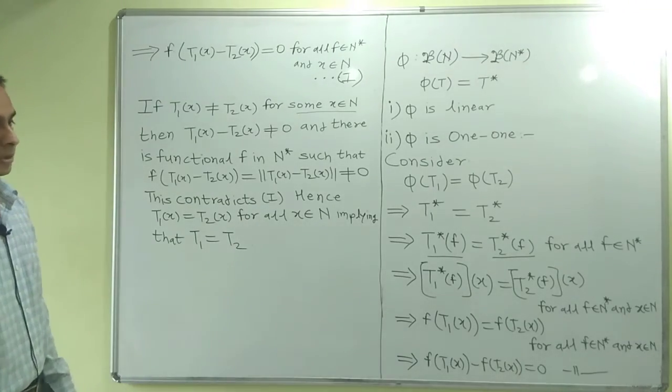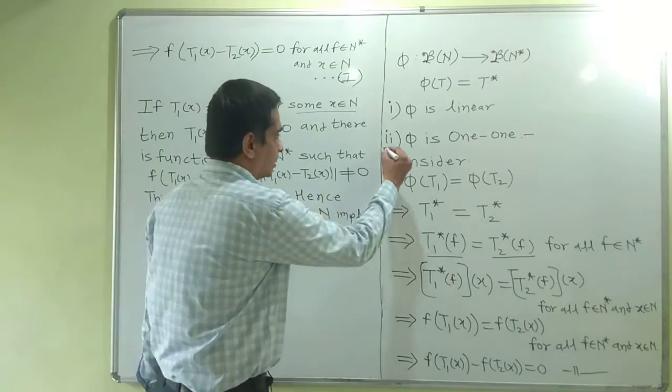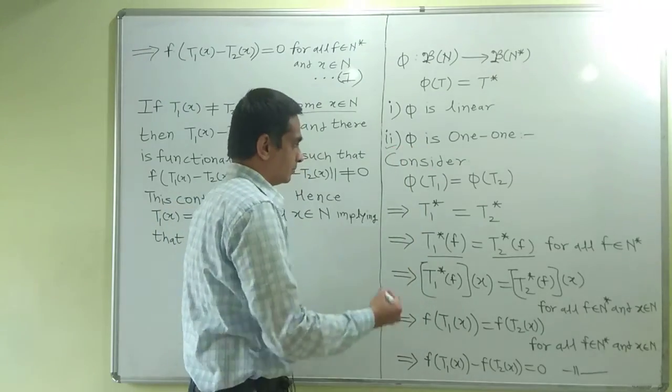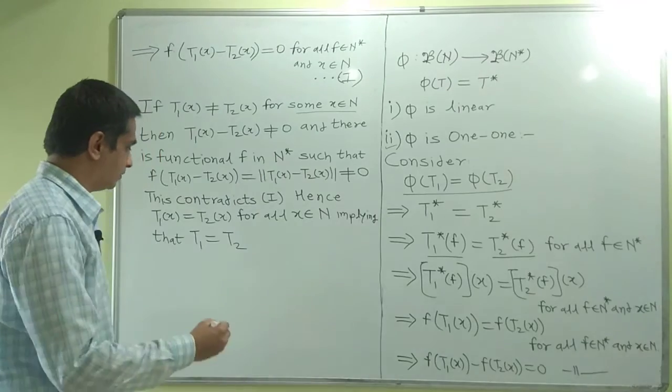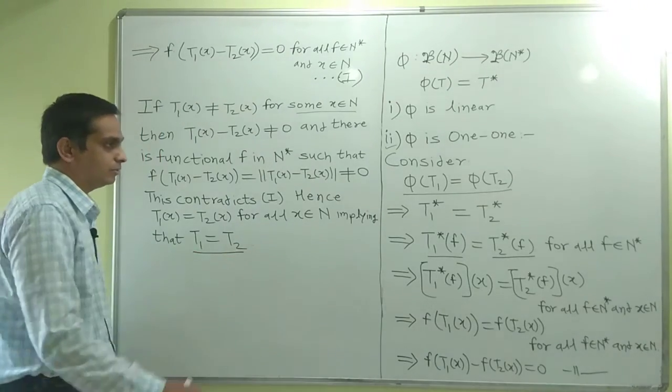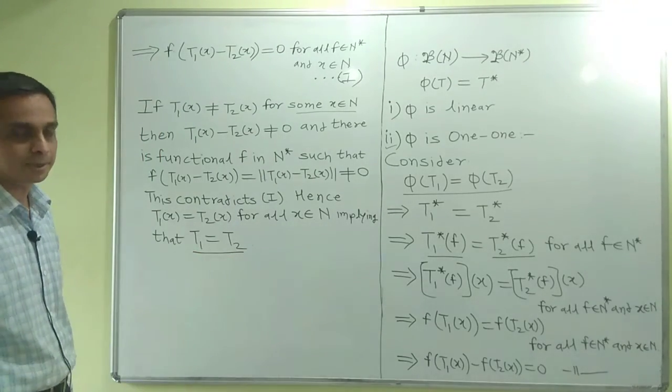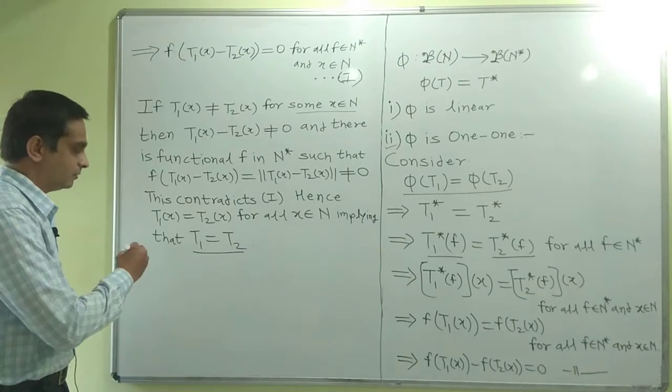We are done with the second property: phi is 1-1. We began with phi T1 equal to phi T2 and obtained T1 equal to T2.